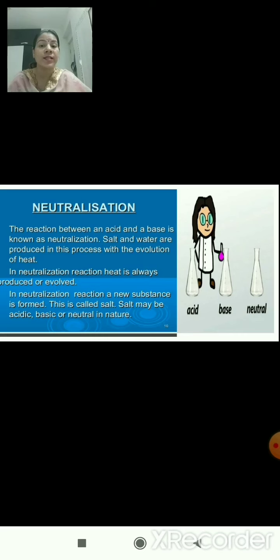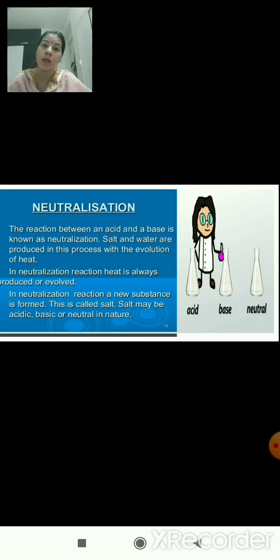So in a neutralization reaction, heat is always produced or evolved. In a neutralization reaction, a new substance is formed. This is called salt. Salt may be acidic in nature or basic in nature or neutral in nature.